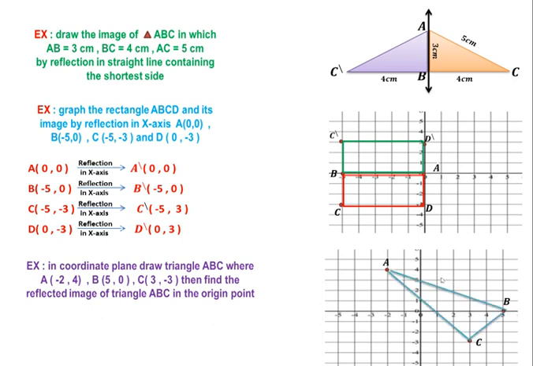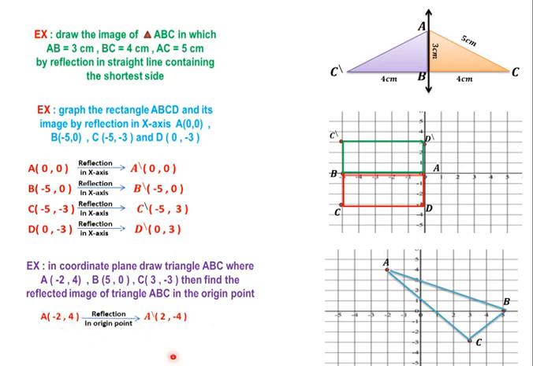Find the image of the triangle by the origin point using the rules we said before. The image of point A, negative 2, 4, reflected in the origin: negative becomes positive and positive becomes negative, so negative 2 will be 2 and 4 will be negative 4.